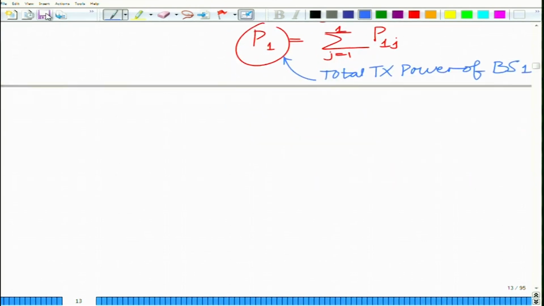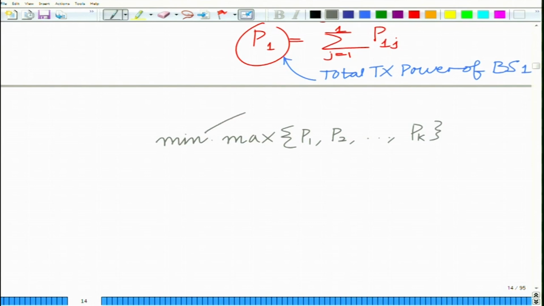Now, what we want to do is we want to consider an interesting optimization objective function in which we want to minimize the maximum of the powers transmitted by the various base stations. So, the total k base stations. So, you have transmit powers Pk. So, you want to minimize the maximum.